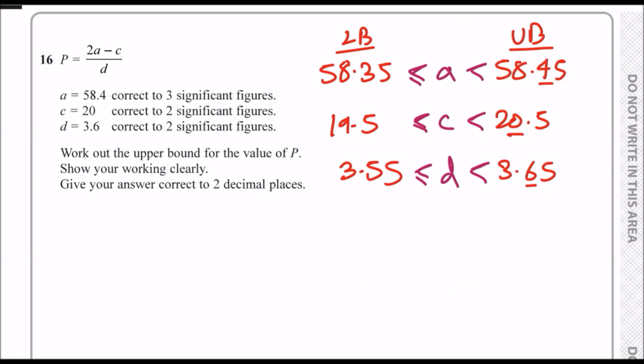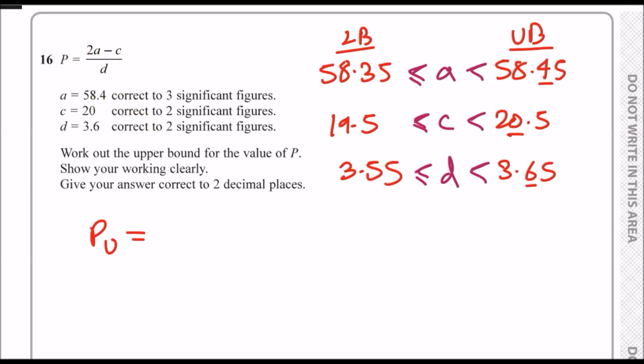Now to work out the upper bound value for P, we need to think about what values we need to choose here. And by the way, guys, we can't just pop in any upper bound values for all of these terms, because it won't give you the actual highest value. To get the highest, we need the greatest difference between 2A and C and the greatest ratio with D, on the top and the bottom.